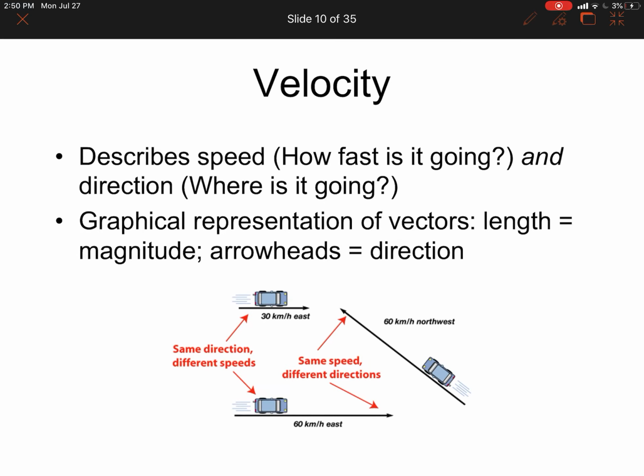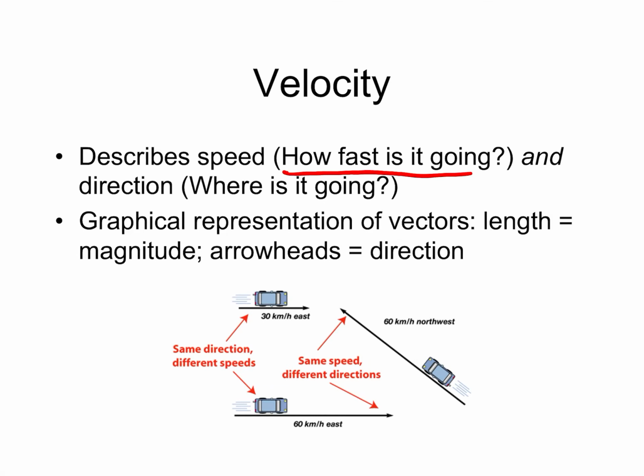But see how it says that speed here is how fast it's going, whereas the velocity tells you that it's also going in a certain direction, so where it's going. Okay, so the speed is like 50 miles per hour, but velocity is like 50 miles per hour to the east.